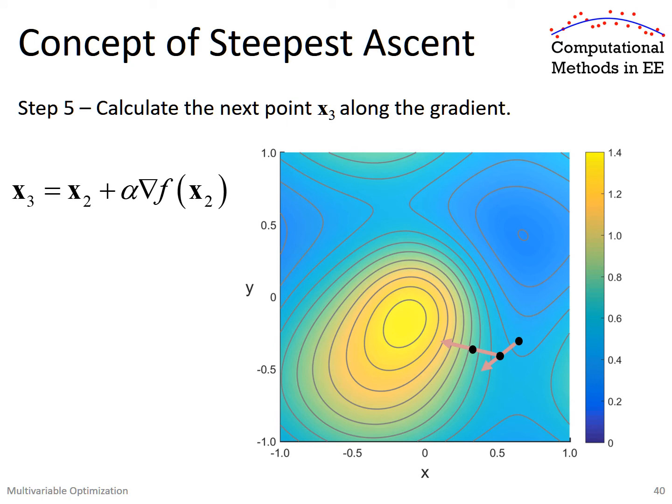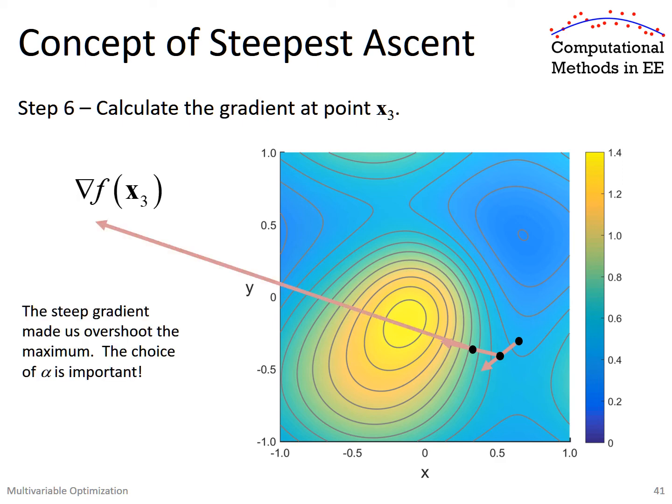And so we advance again. And this will repeat. We'll calculate the gradient at the new point, move in the direction of the gradient. Recalculate the gradient at the new point, move in the direction, and just keep doing this. Now, something weird kind of happened. The gradient, if we're at a very, very steep point, will be huge. And so even if we picked a smaller value for alpha, our new point could be way past where that maxima is.